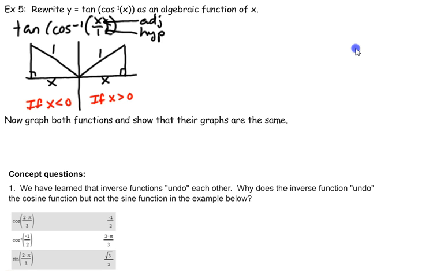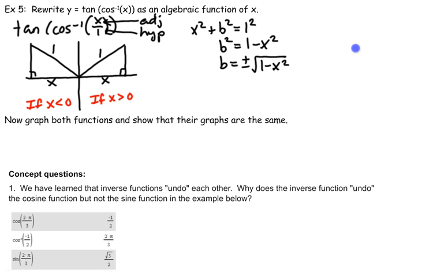So I'm going to say x squared plus b squared is equal to 1 squared. So b squared is equal to 1 minus x squared. So b is equal to plus or minus the square root of 1 minus x squared.